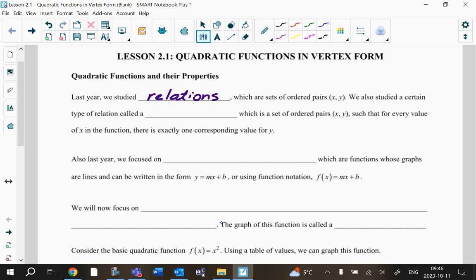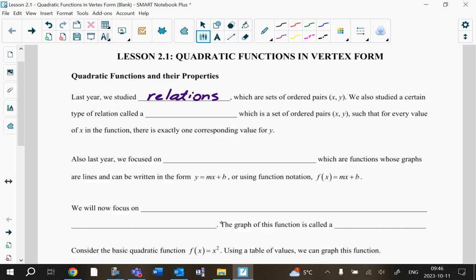So it could be a person's age and their height. It could be the time elapsed and kilometers driven. Okay? All sorts of relationships exist in real life, and we can analyze them mathematically.